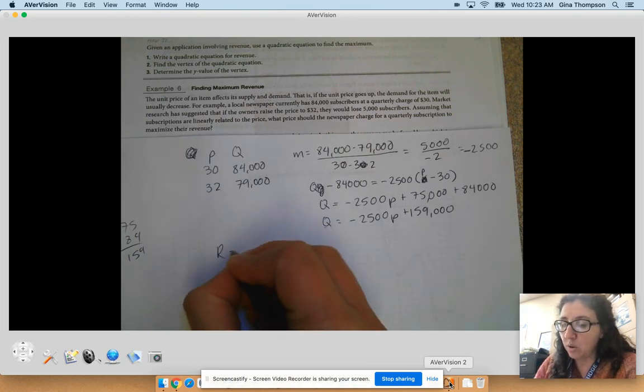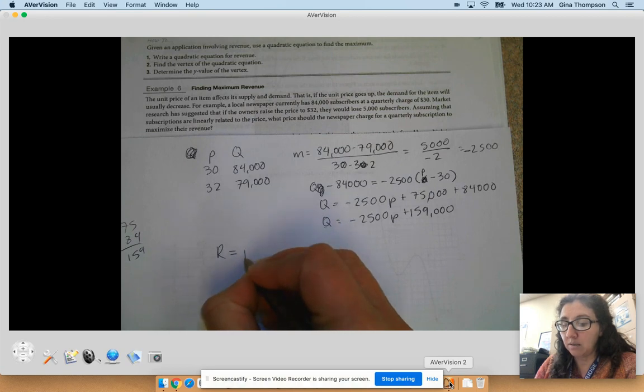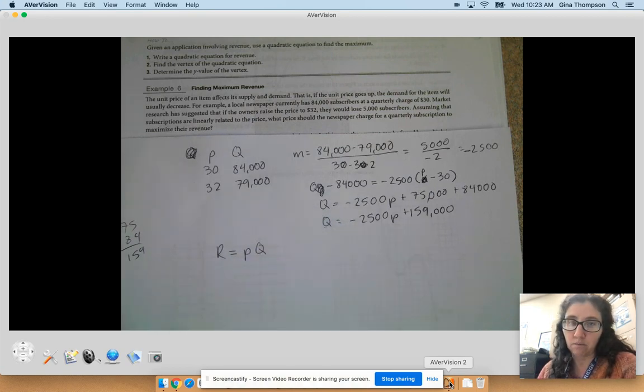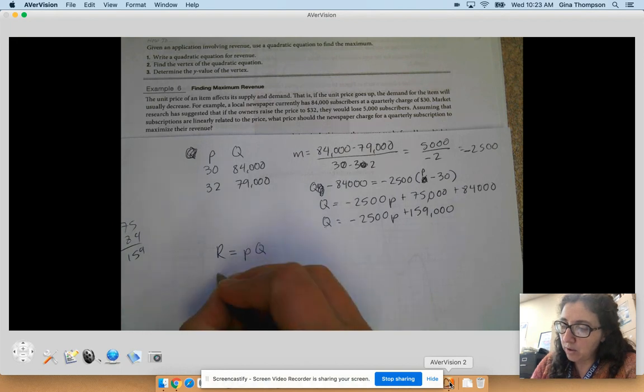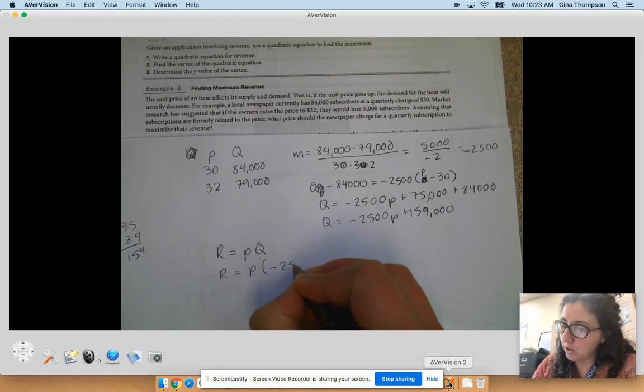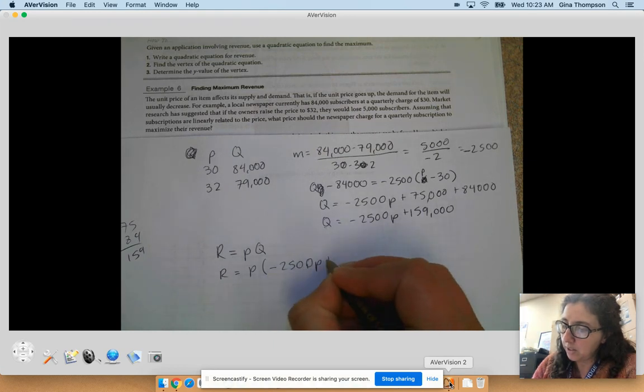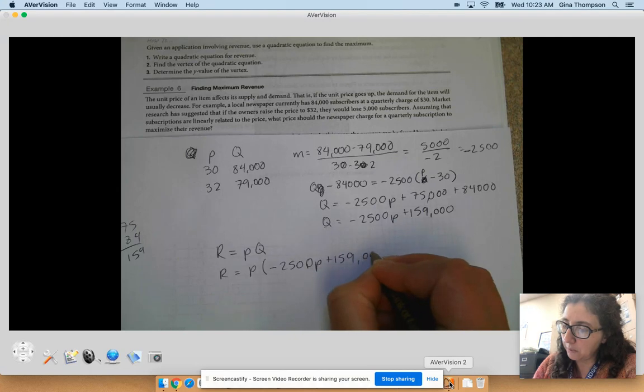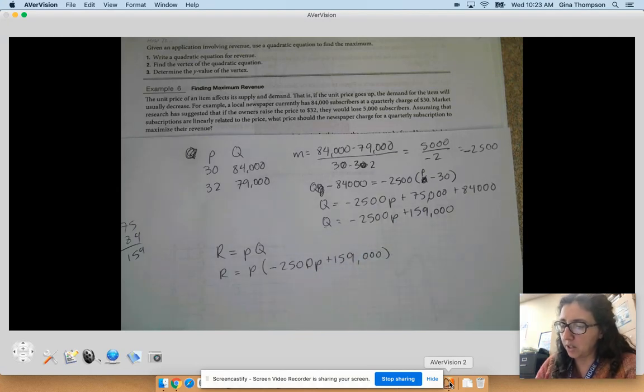Well, your revenue is going to be your price times the number of things you sell, right? If you sell something for $2 and you sell 10 of them, you'll have a revenue of $20. So let's see, what would the revenue function be here? It's going to be P times this function, P times minus 2,500P plus 159,000.